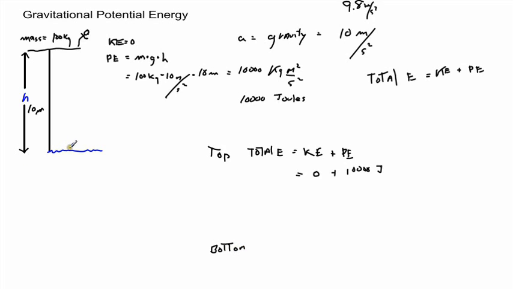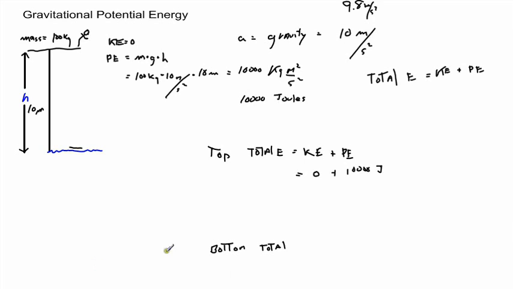On the bottom, right just before he hits, not when he hits, but just before, a sheet of paper thick. That's how high he is above the ground. Just before he hits, the total E there is going to be different. First of all, we know that his height is now 0.